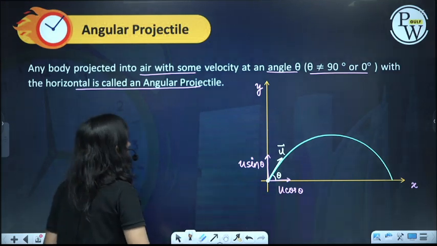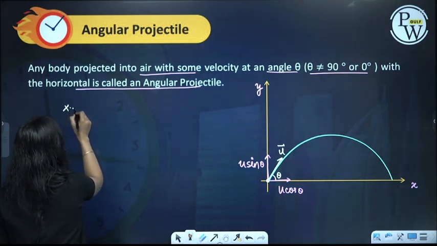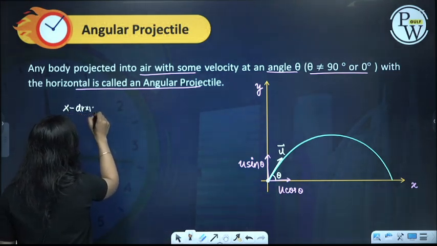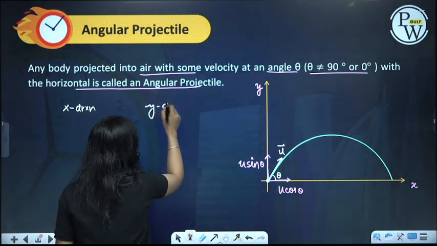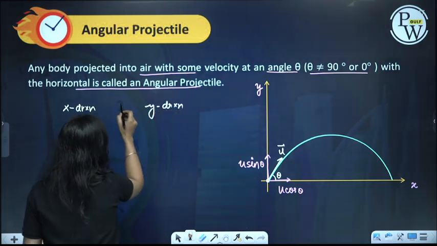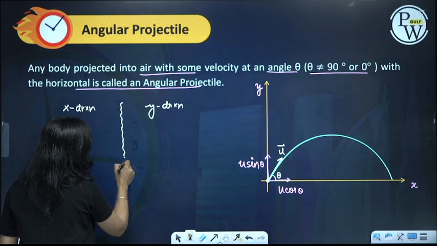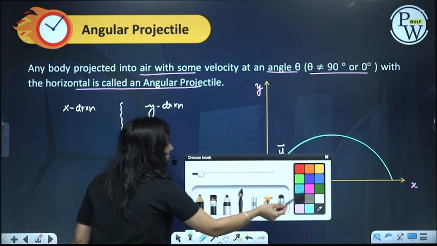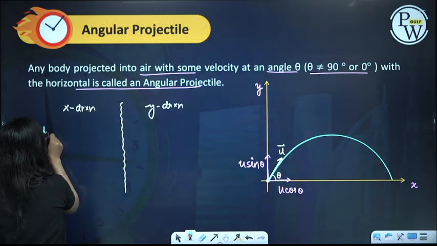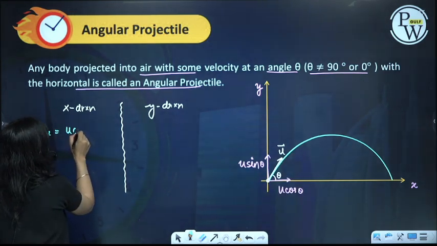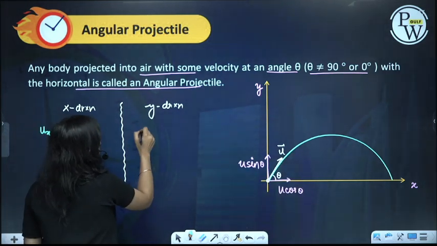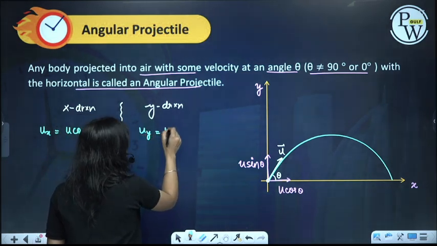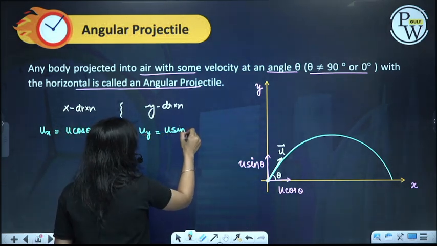Now write the components in two different directions, along x direction and along y direction. Initial velocity in x is u cos theta and initial velocity in y is u sin theta.